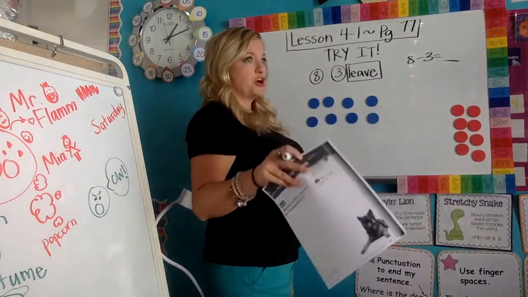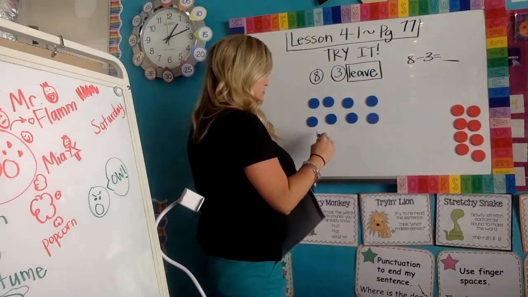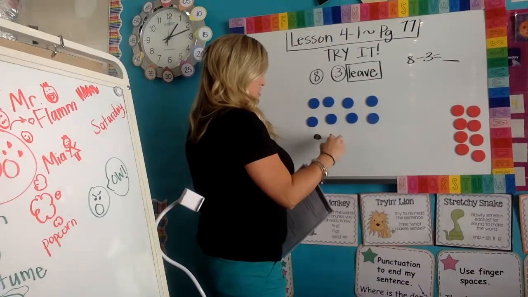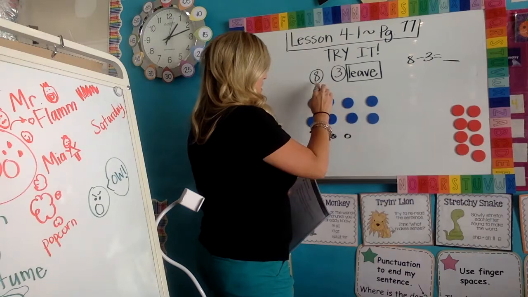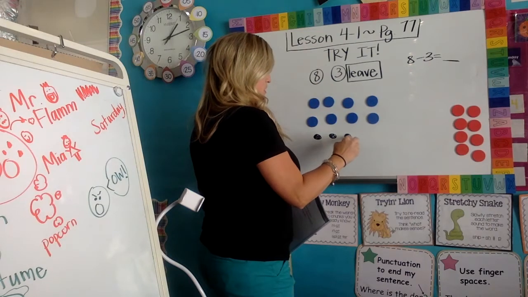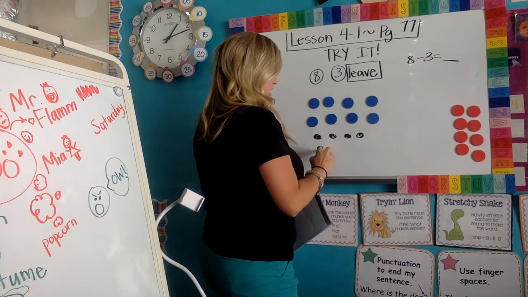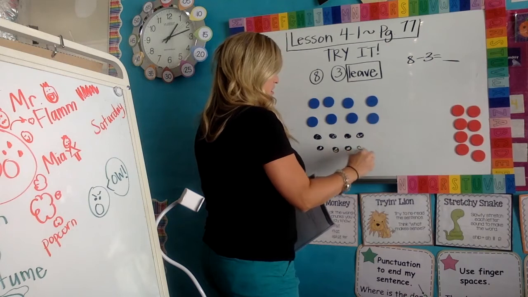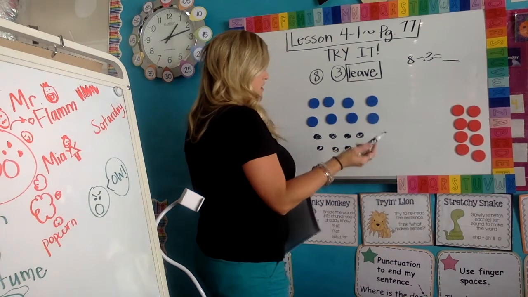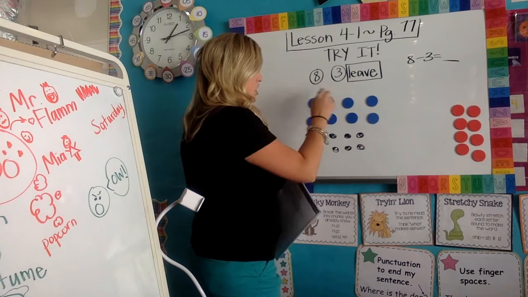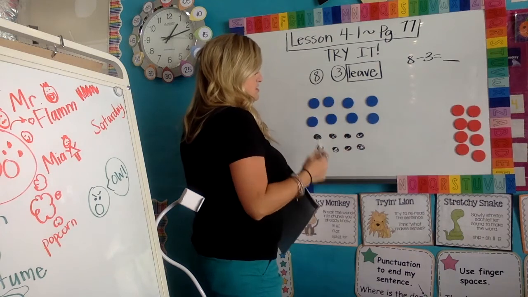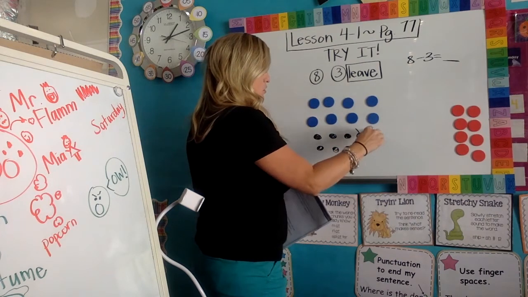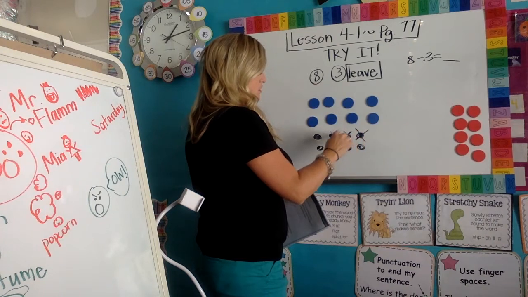All right. You're coming back to see me. So what I'm doing is I'm just going to draw it because I want you to see. I'm counting out 8 dots. 1, 2, 3, 4, 5, 6, 7, 8. One way that you could show this is you draw 8 dots and you cross out 3. 1, 2, 3.